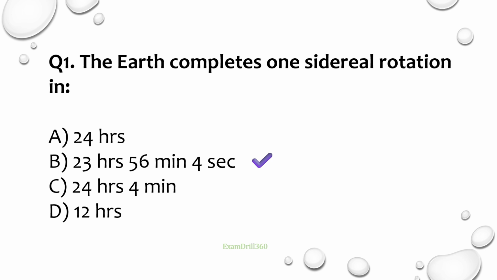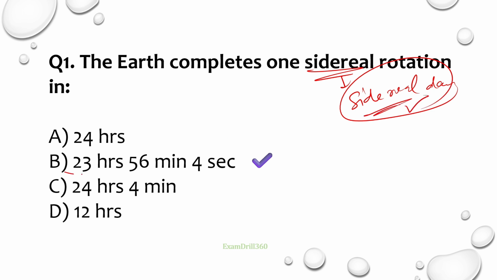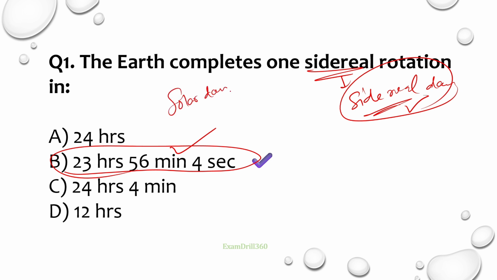And what is the sidereal rotation actually? The precise time is called the sidereal day. This is the precise time of Earth's rotation. Got it? And this is very different from the solar day. What is the solar day? There are two things: one is the solar day and another is the sidereal day. Sidereal is the precise time of Earth's rotation, which is 23 hours, 56 minutes and 4 seconds.